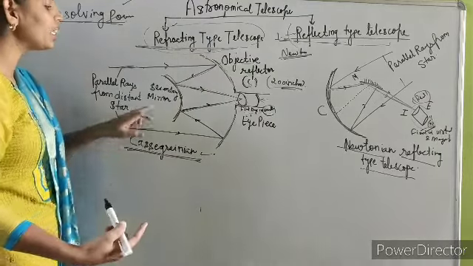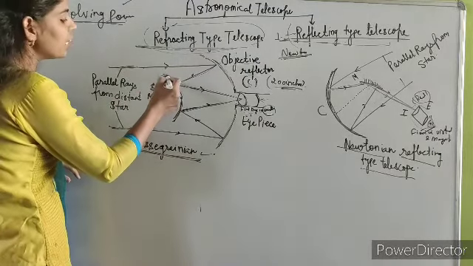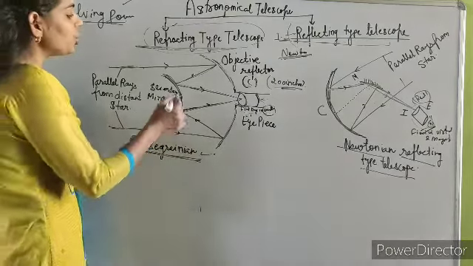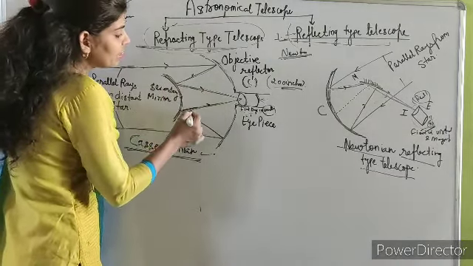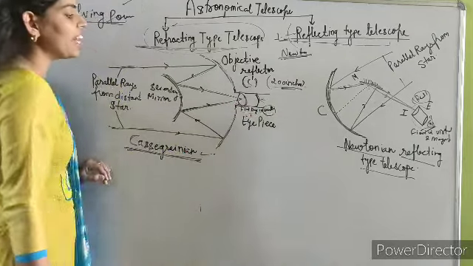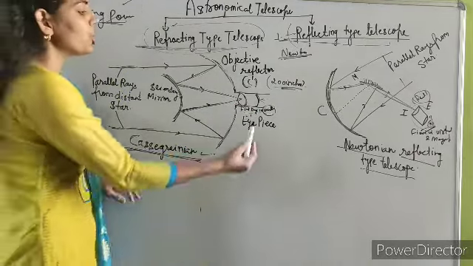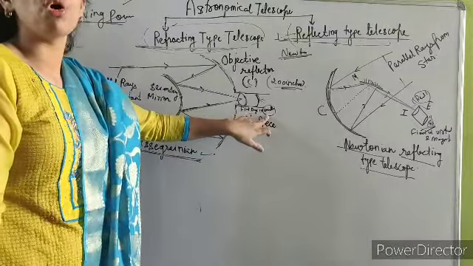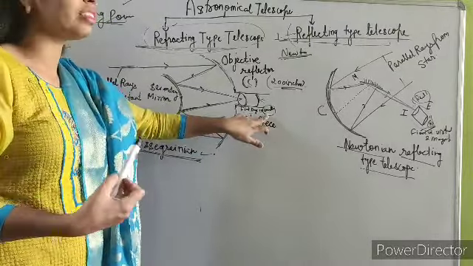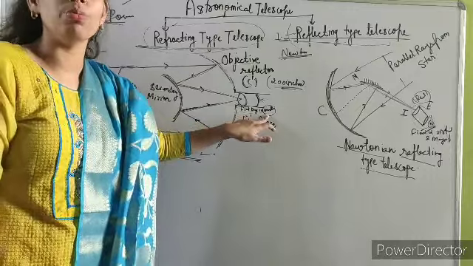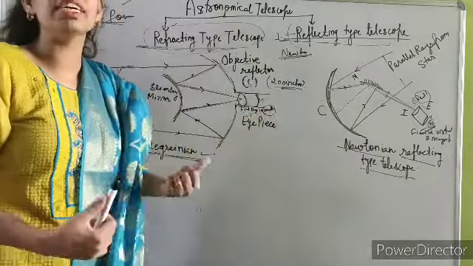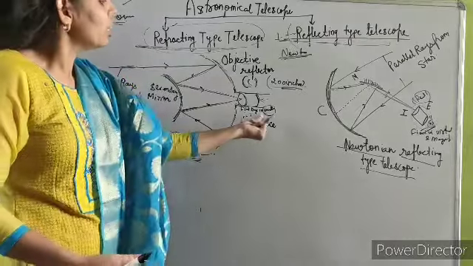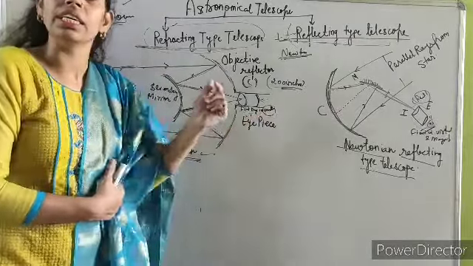But before meeting at the focus, they encounter in their path a secondary convex mirror which reflects these light rays to the eyepiece. And when we see the image through the eyepiece, we find that the final image of the distant object is inverted with respect to the object. As I have told you, an inverted image doesn't make any difference because the object is spherical in nature.